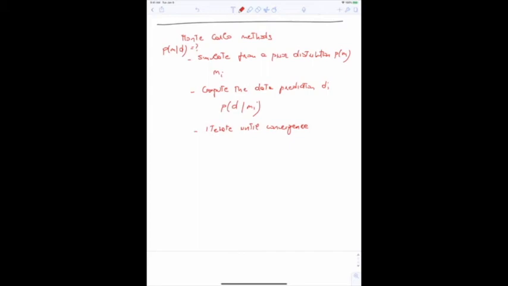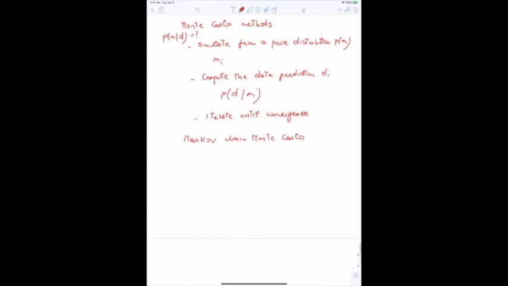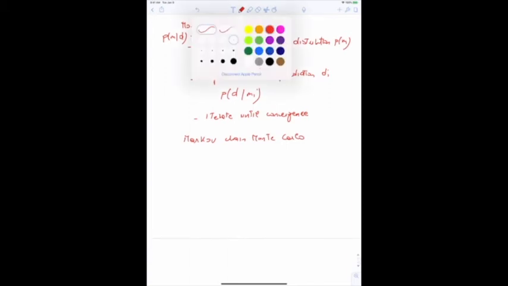We would like to learn from the previous simulated models. So there is a subfamily of methods, which is called Markov chain Monte Carlo, where the new solution is somehow related to the previous one. So I'm going to write here the steps.